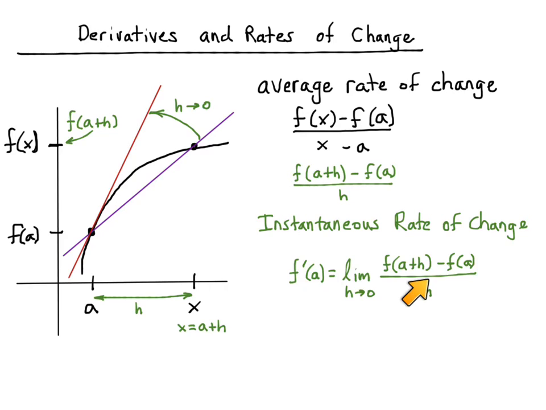And so here's where we get into this. As h goes to 0, f at a plus h is going to equal f at a, so we're going to have 0 over 0. And this is why we get into those limits of 0 over 0, and how we deal with them will be how we calculate derivatives, by using these limit properties.